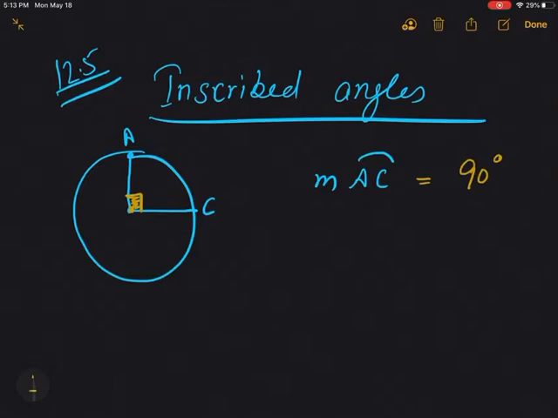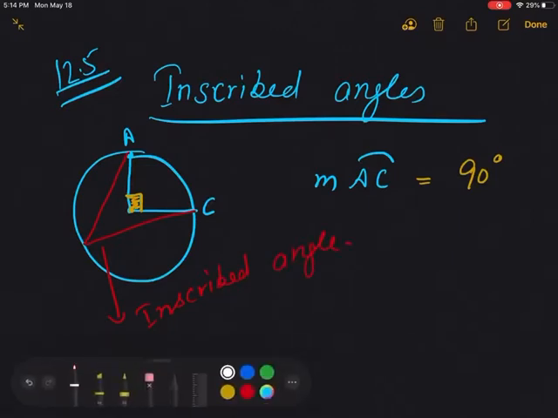Now I'm going to draw another angle, and then you'll see the difference between the central angle and the new angle, which we're going to learn in the next few seconds. So now this is my other angle, which we call an inscribed angle. If I ask you to figure out this inscribed angle, let me label this.